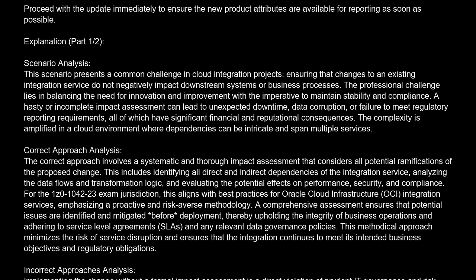For the 1Z0-1042-23 exam jurisdiction, this aligns with best practices for Oracle Cloud Infrastructure, OCI, integration services, emphasizing a proactive and risk-averse methodology. A comprehensive assessment ensures that potential issues are identified and mitigated before deployment, thereby upholding the integrity of business operations and adhering to service-level agreements, SLAs, and any relevant data governance policies.